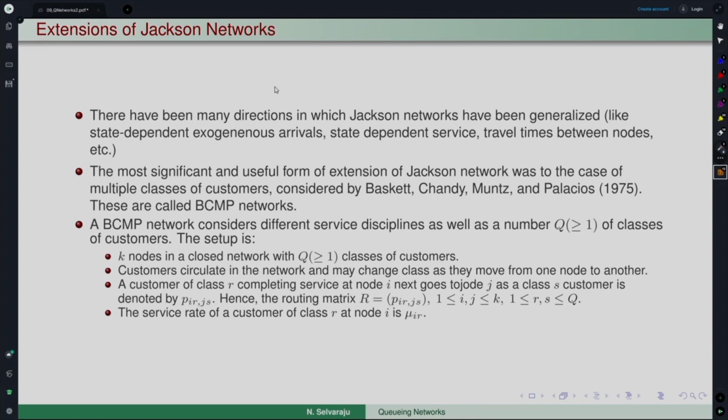As we said, there have been many directions in which Jackson networks have been generalized, like to include state dependent arrivals, state dependent service, and travel time between nodes. It may not be the case that when the customer leaves the previous node and the following node is empty, his service starts the moment he leaves the previous node.